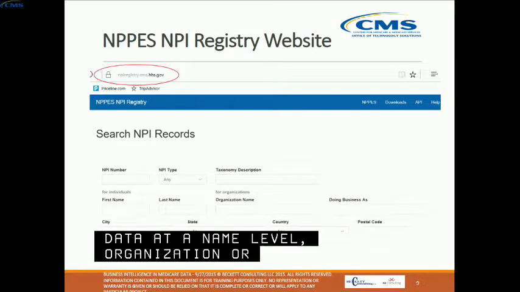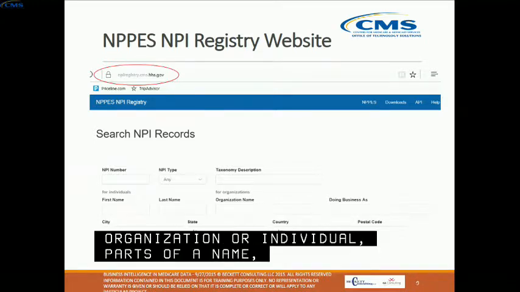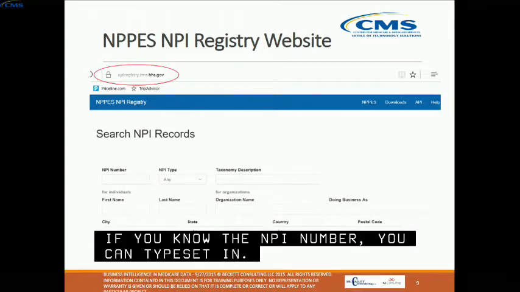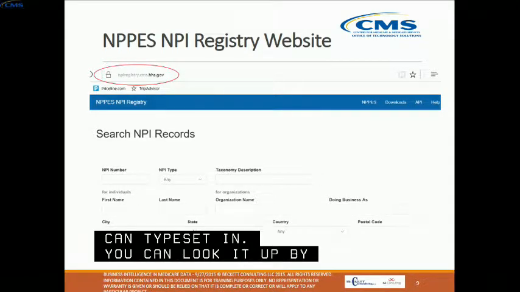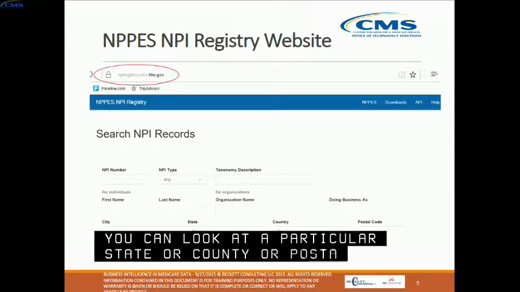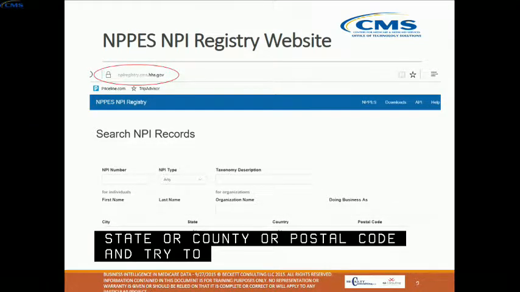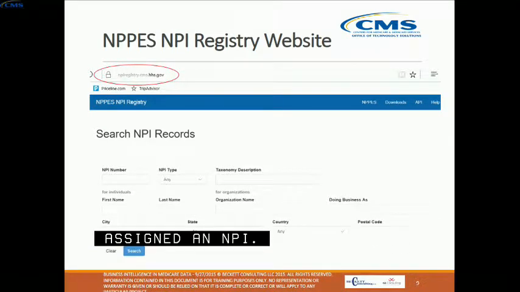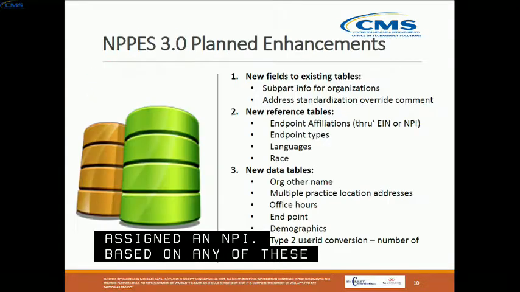If you know the NPI number, you can type that in. And you can look it up by type or any type. You can look at a particular state or county or even a postal code and try to identify providers that have been enumerated and assigned an NPI based on any of these selection pieces of information. Now let's move on to the next slide.